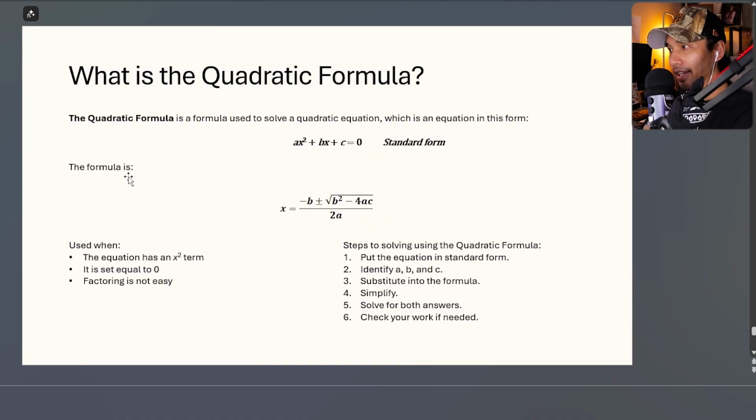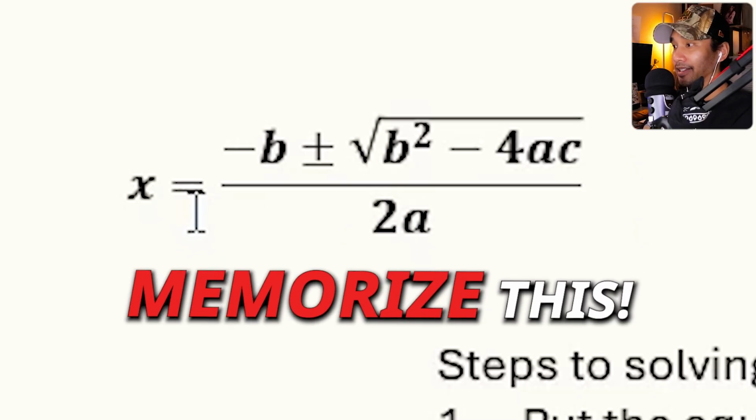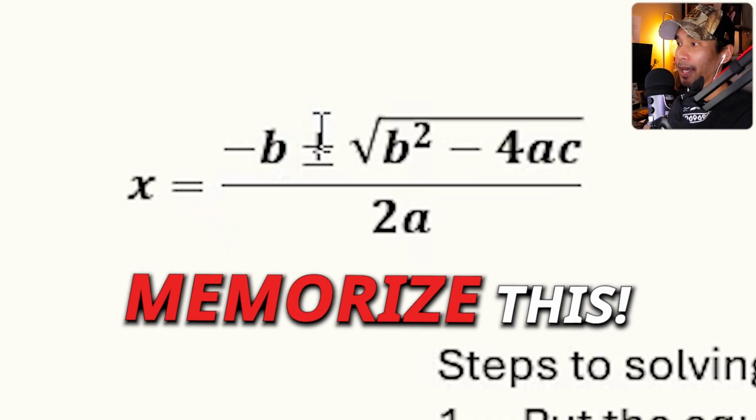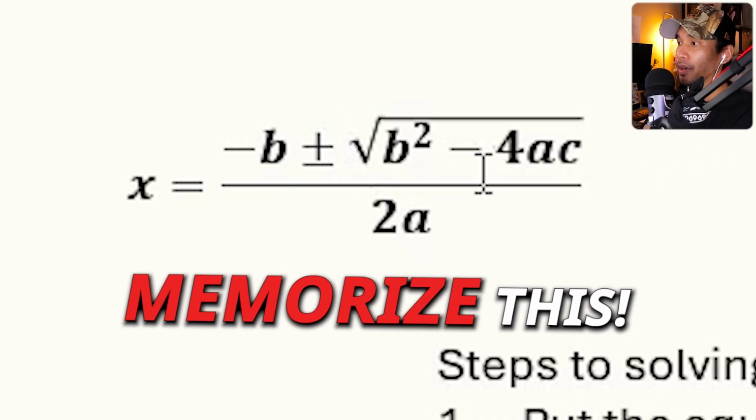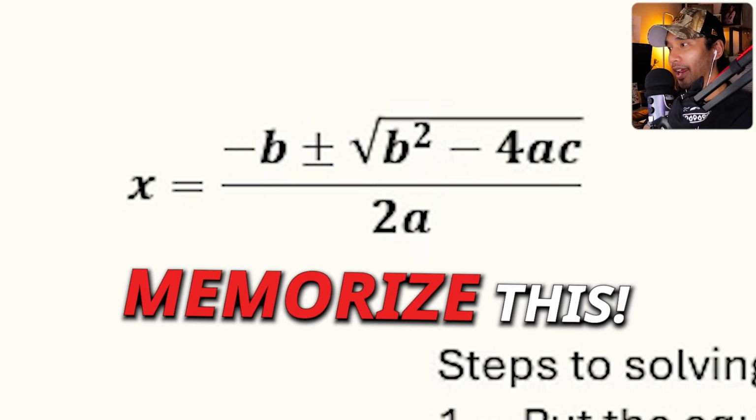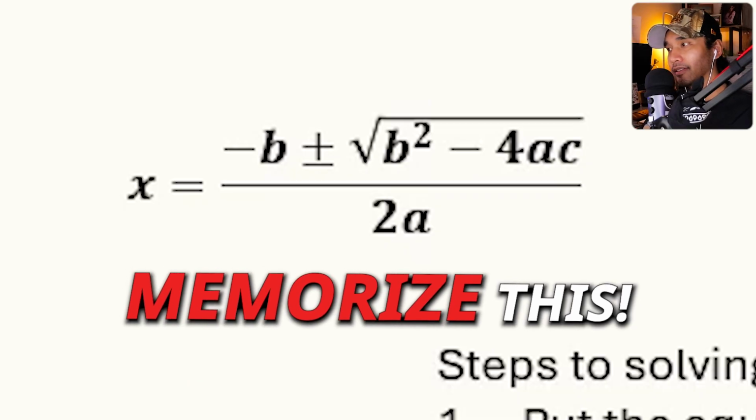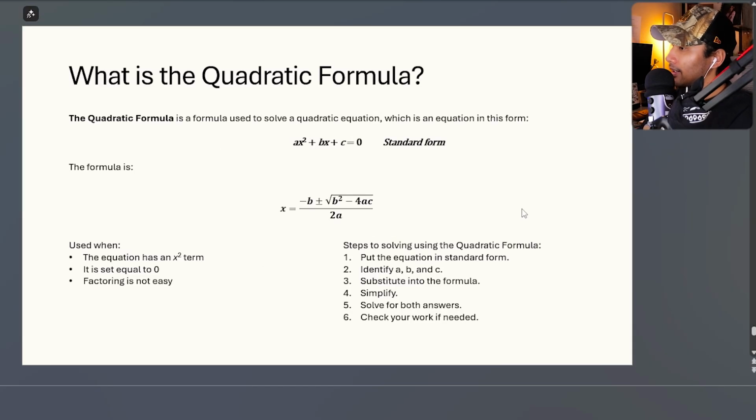The quadratic formula is x equals negative b plus minus the square root of b squared minus 4ac, everything over 2a. That is a monster of an equation, but it's okay. With practice, you will memorize this equation for the test.